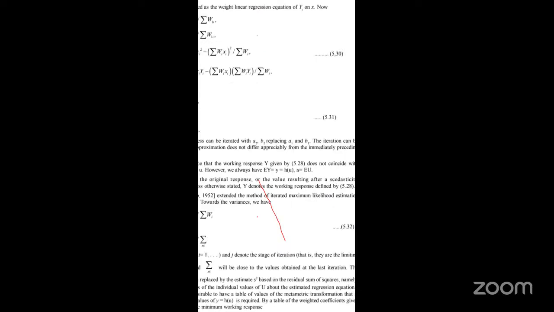Now the process can be iterated with a2, b2 replacing a1, b1. The iteration can be stopped when the approximation does not differ appreciably from the immediately preceding one.